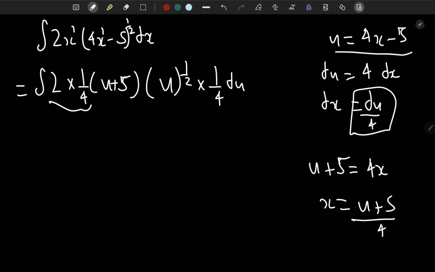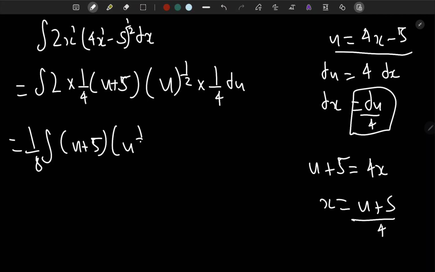So this is equal to 1 over 8 integration of u plus 5 into u to the power of half. And now we can simplify this more, and this is equal to 1 over 8 integration of u to the power of 3 over 2 plus 5u to the power of half du.